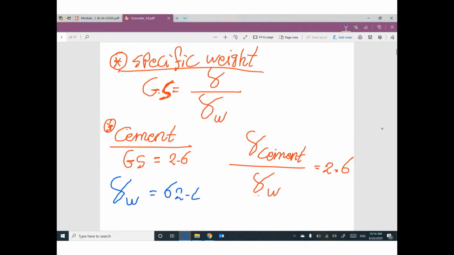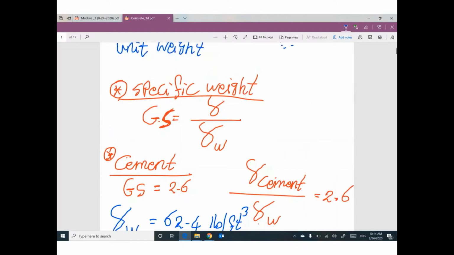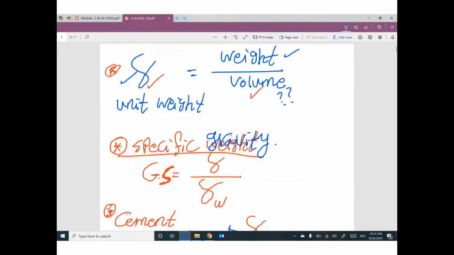You have to remember this number all the time. 62.4 pounds per cubic foot. So if specific gravity is given, I can figure out the value of gamma. If you have the value of gamma, equal to weight divided by volume, then if you have weight, I can figure out the volume. If you have volume, I can figure out the weight.